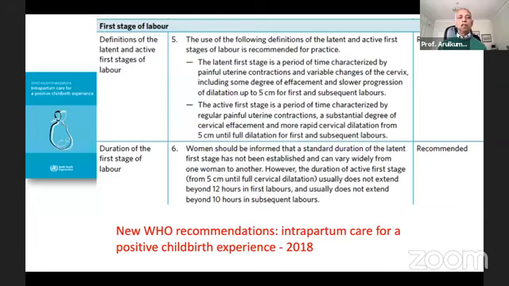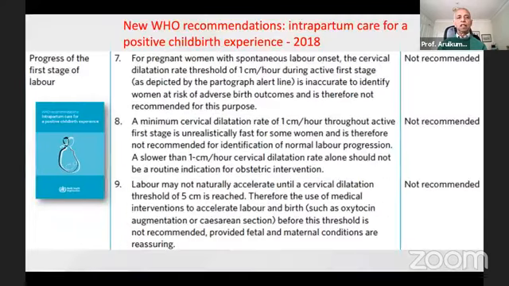And the duration of the first stage: again, because there is wide variation, you can give up to 12 hours in the first labor. So for 5 centimeters to 10 centimeters, normally we would give 5 or 6 hours, but they said, no, give 12 hours based on the dilatation curves observed. And in a multiparous case, give up to 10 hours. That is their recommendation from that curve.